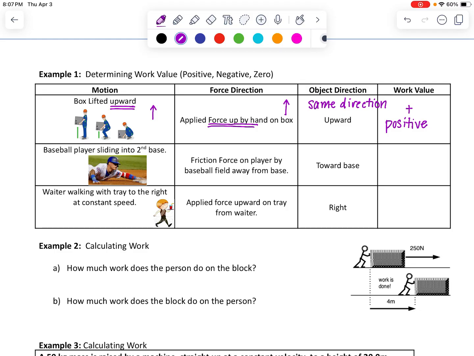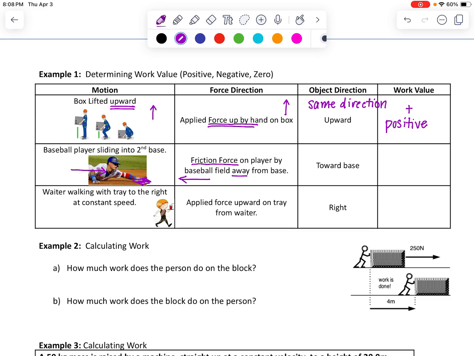The second example is the baseball player sliding into second base. Let's pretend the base is here, and his motion is toward the base, so I'm going to draw an arrow toward the base. The friction force is being applied away. Remember, friction is always opposite of motion.